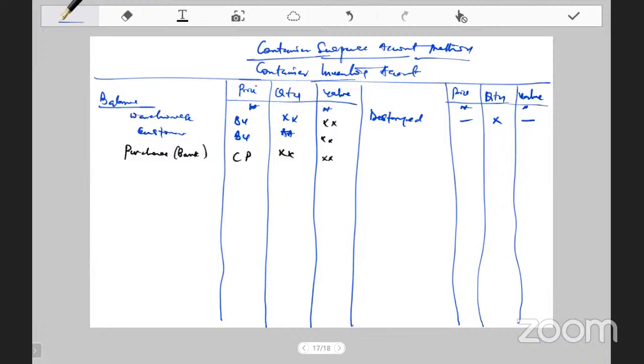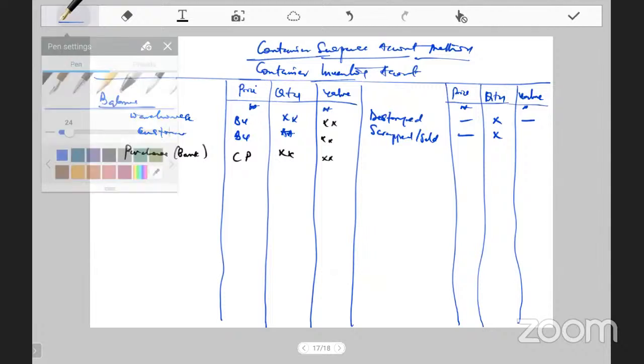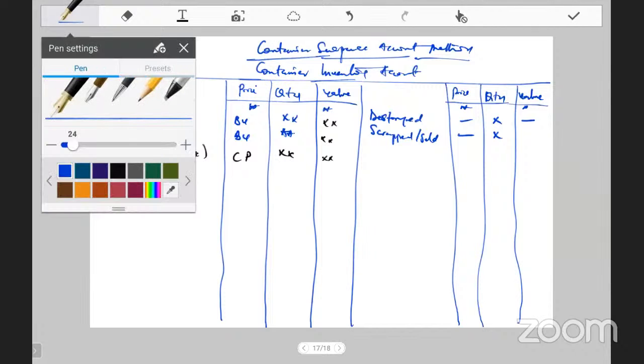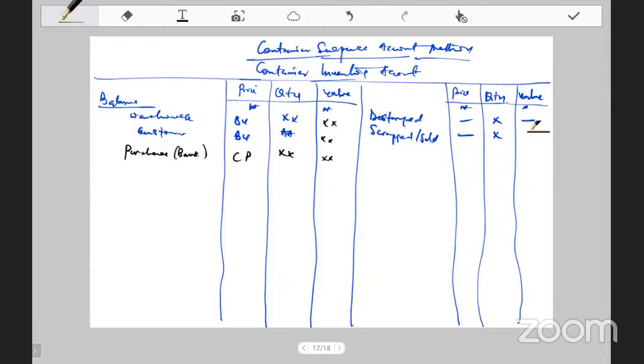If it is scrapped and sold, we will account for the quantity, and whatever scrap value we realize will come in here. That is our scrap value, additional income.